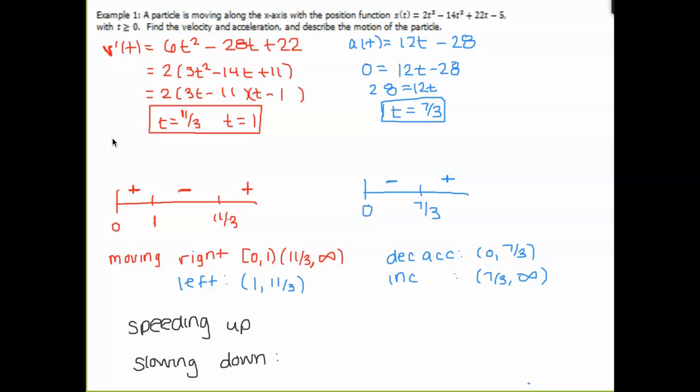So from 0 to 1, velocity is positive and acceleration would be negative. So the signs are opposite. Therefore, it is slowing down from 0 to 1. From 1 to 7/3, they would both be negative. Therefore, it would be speeding up.